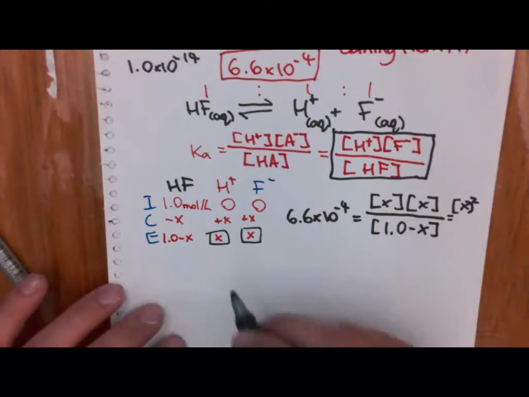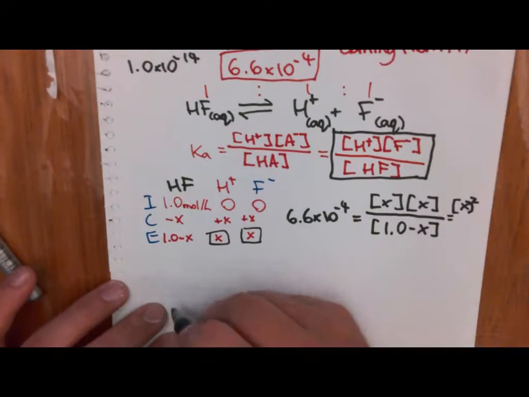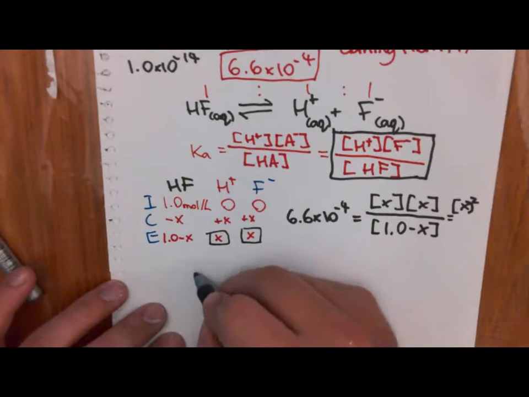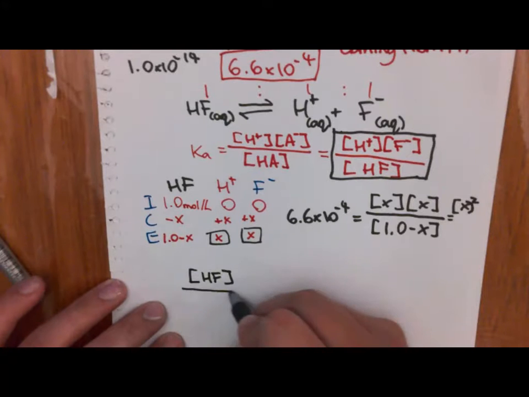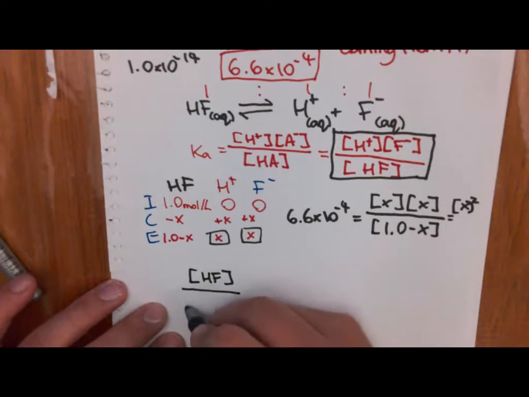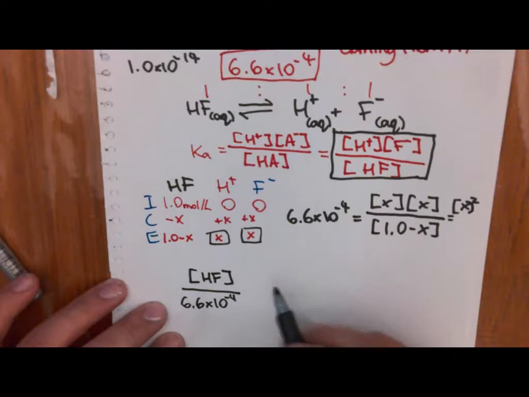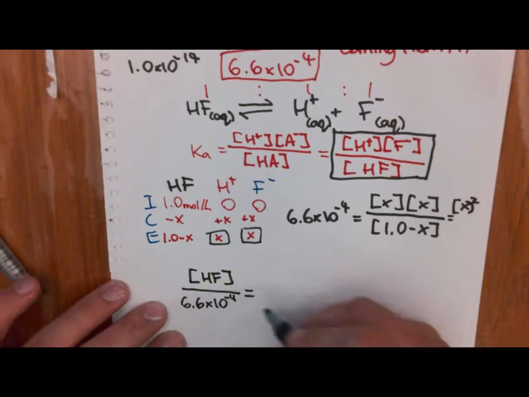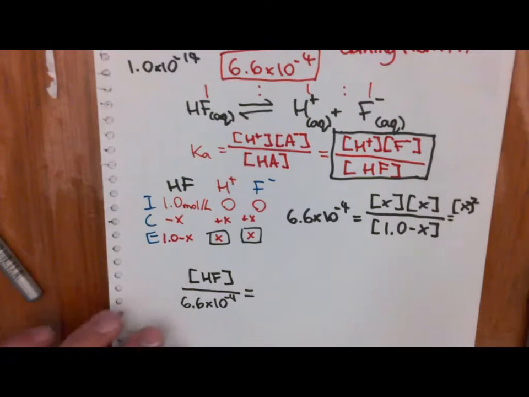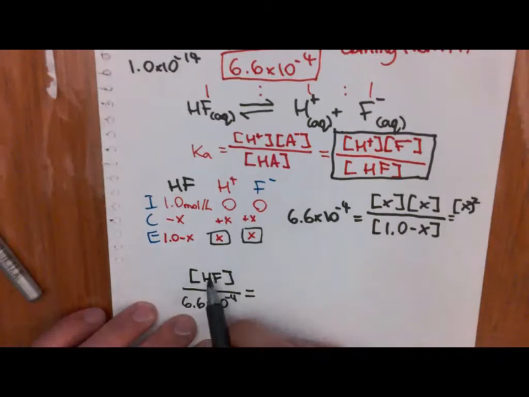So remember, for our assumption, it has to be greater than 100. The initial concentration of HF over our Ka, which is 6.6 times 10 to the negative 4. I just got that from up here and brought it down here.